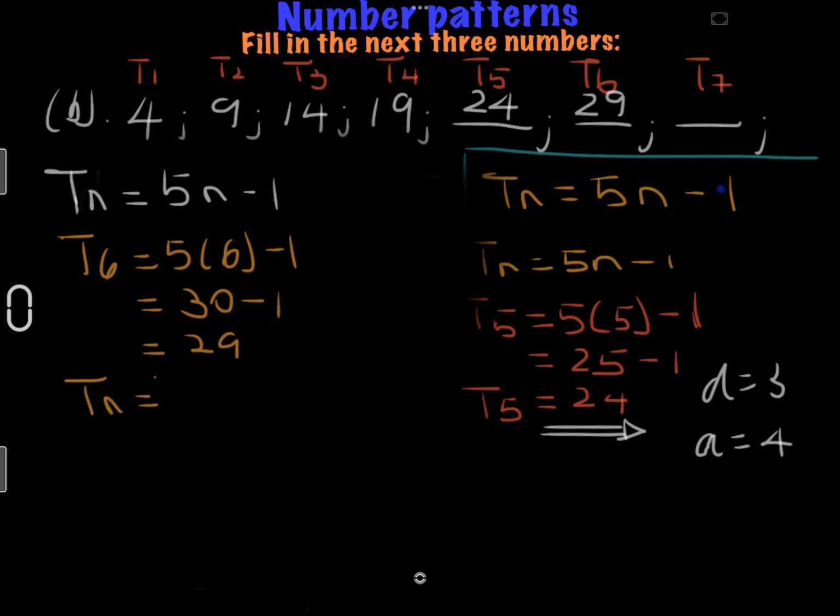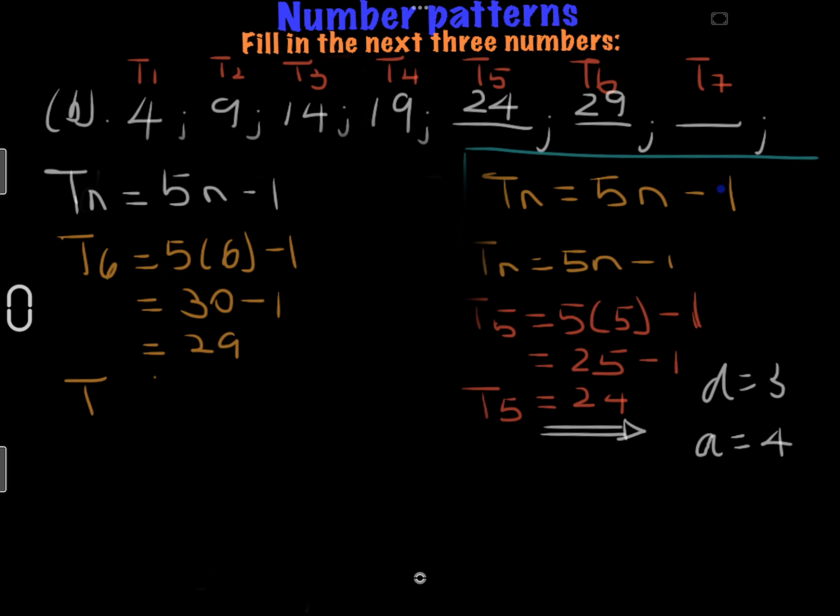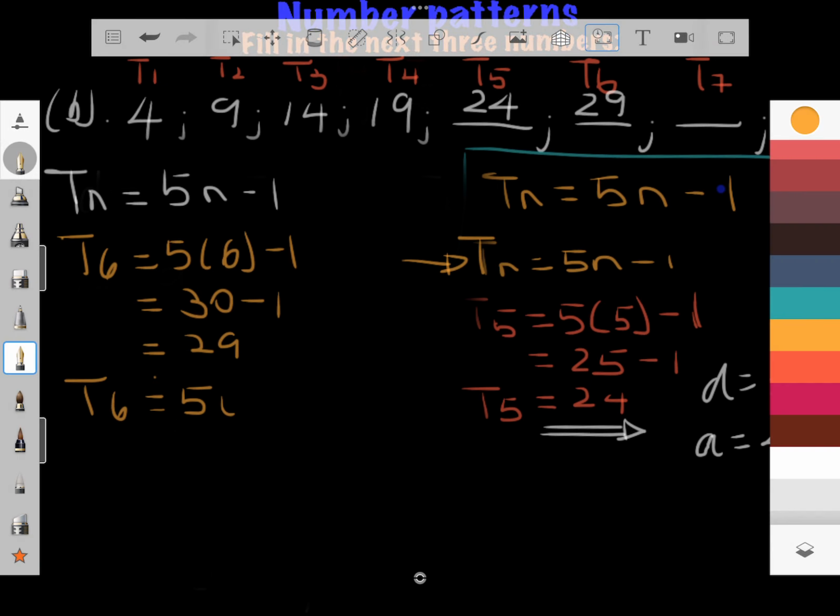We need to find the seventh term. We need to write Tn because we already found the general formula, which is Tn is equal to 5n minus 1. We found term 6, so we actually need to find term 7.